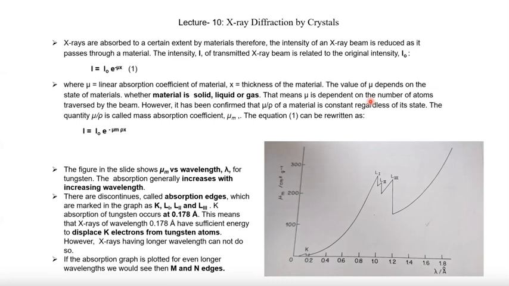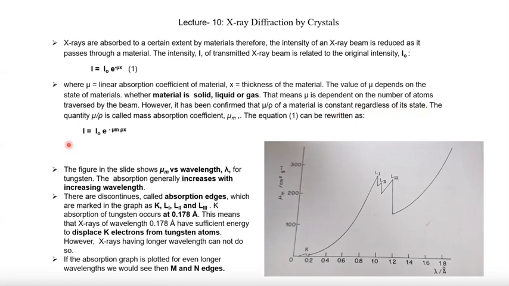So this is also a point we have to overcome, because depending on solid, liquid, and gas, the linear absorption coefficient is dependent. Therefore, it has been confirmed that mu by density of the material is constant regardless of its state.